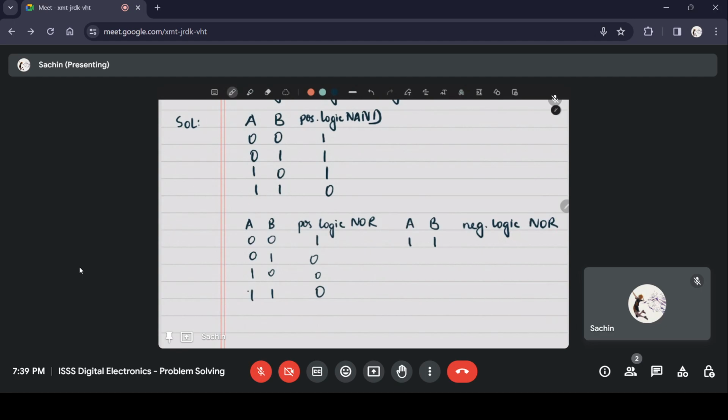But since the output is also in negative logic, you will get a, so 1 1 will give you a 0 in negative logic.